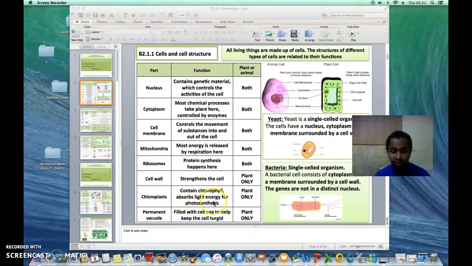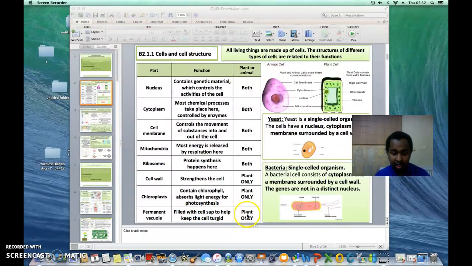Photosynthesis is the process of the plant making food by itself. Permanent vacuole, it's filled with cell sap to help keep the cell turgid. It's a hole filled with a solution that helps keep the cell in place.